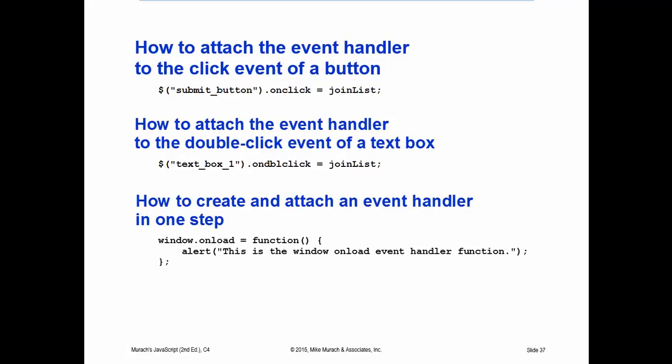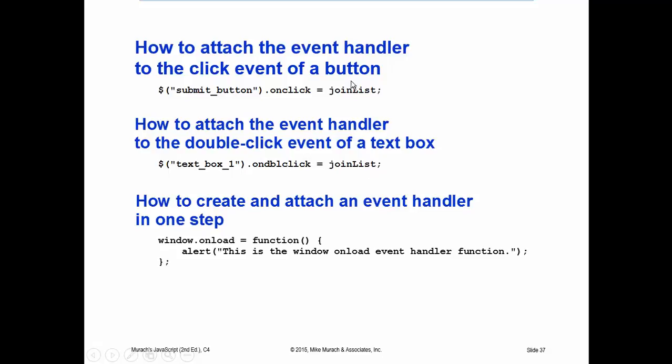If we keep going on, the next example here shows how to attach an event handler to a button click. Now notice what's here. It says submitButton.onclick equals joinList. Notice what's missing here and here.